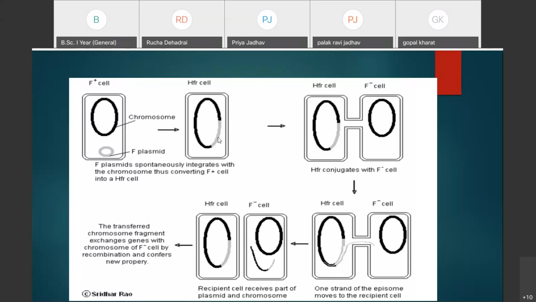Okay, and such integrations, the bacterial cell in which such integration takes place, these bacterial cells are referred to as the HFR cells. The long form of HFR is high frequency recombinant cell.